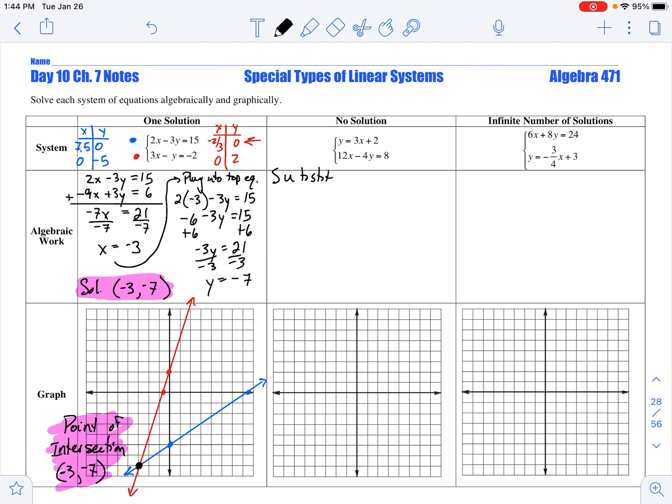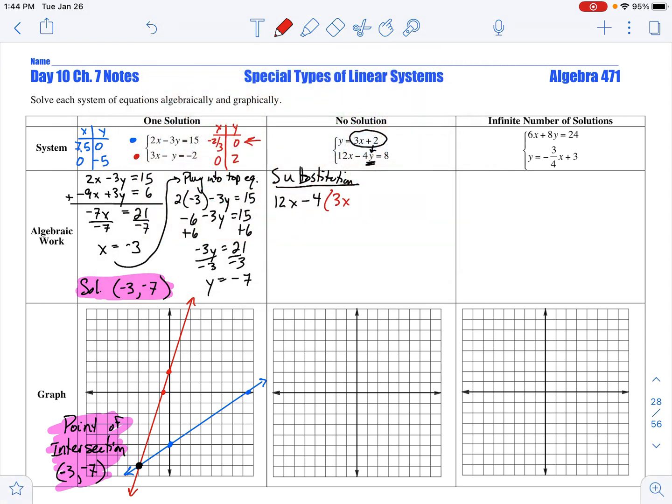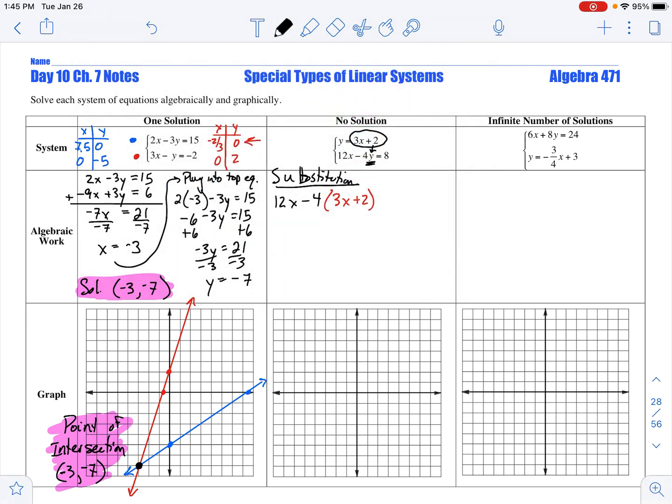We are still sticking with substitution, but I'm going to take 3x plus 2 and plug that in for, sorry, that was plugging it in for y. I miswrote that before, and that's why I had to erase and start again. So I'm going to get 12x minus 4 times, here is where we're plugging in 3x plus 2, and that's going to be equal to 8.